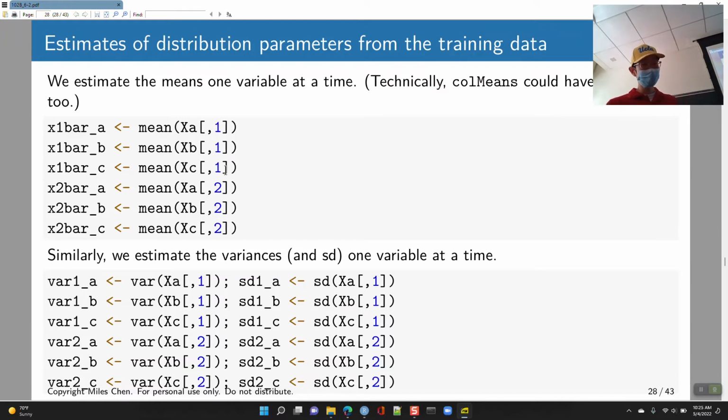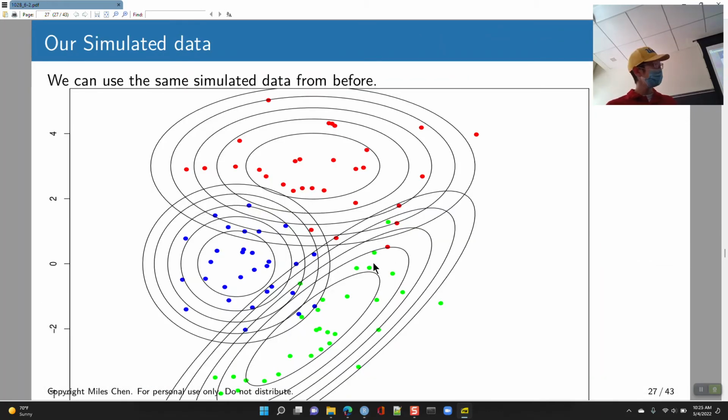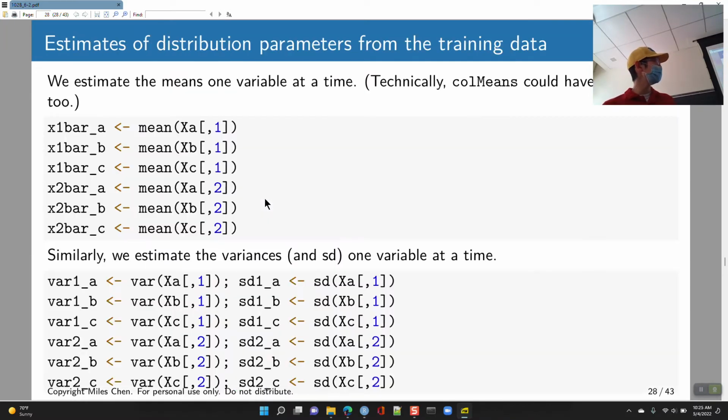Okay, so when we estimate the parameters for our data, again, we don't know the actual distributions that generated the data. We're going to estimate these things. We just calculate the mean of column 1 for x, xb, and xc. Technically, column means will work too, but I'm going to just do all of the variables independently.